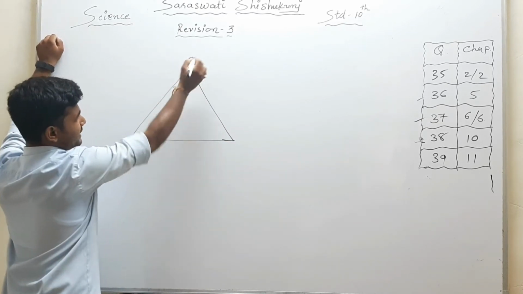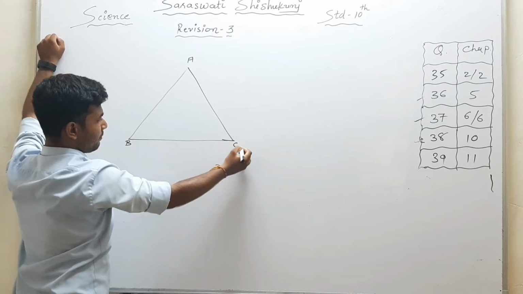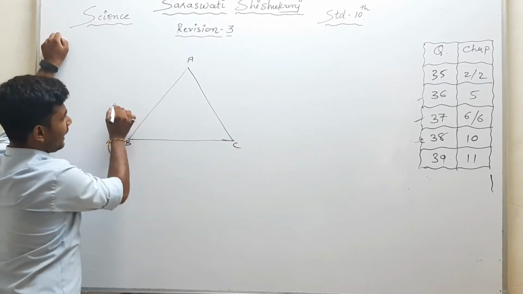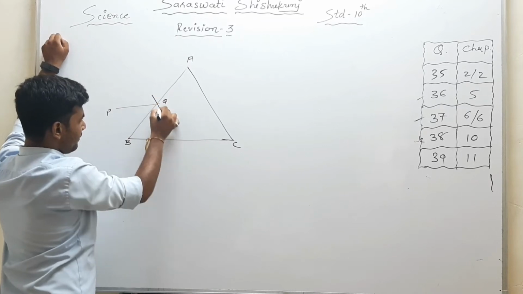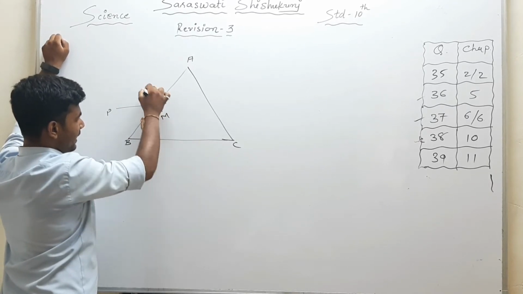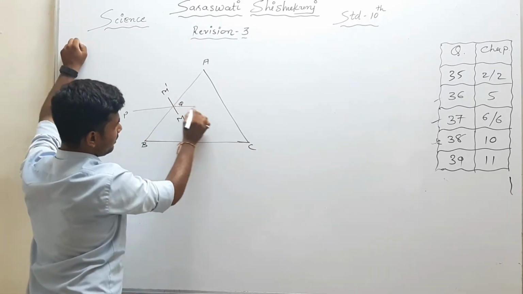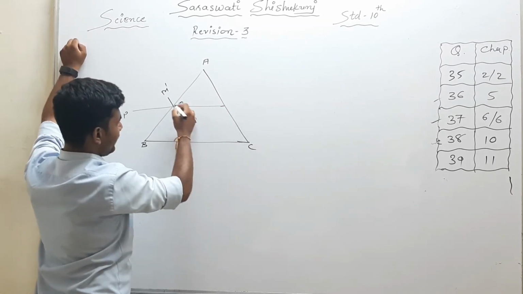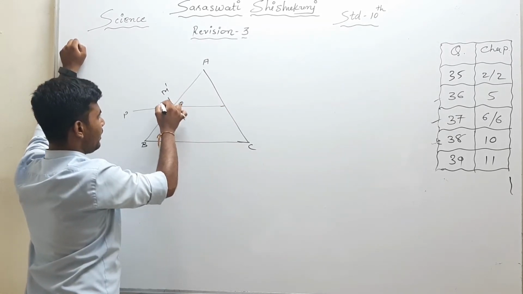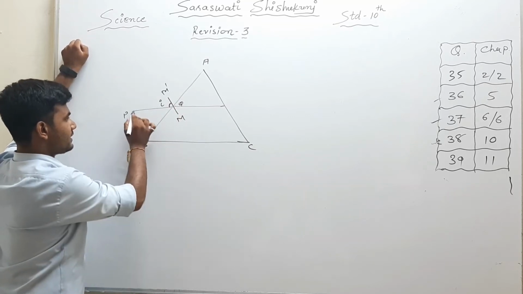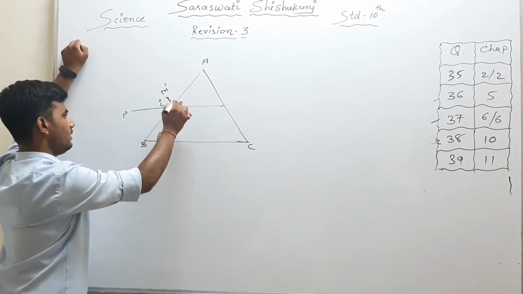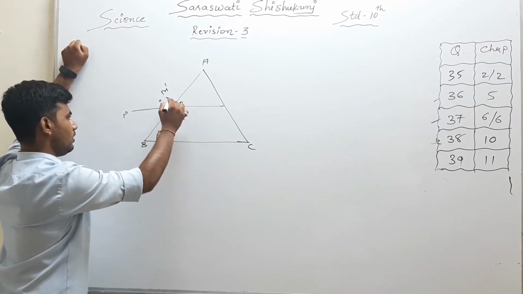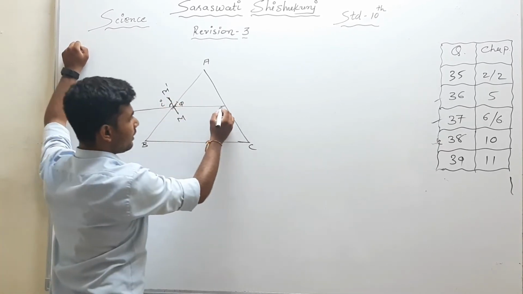Suppose we have a prism ABC. The incident ray, whatever name you want to give it, I am giving the name PQ, and M dash is our normal, right? This is our angle of incidence I, the angle between the incident ray and the normal.